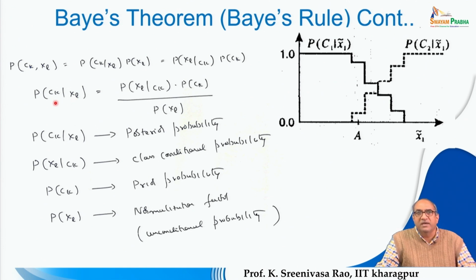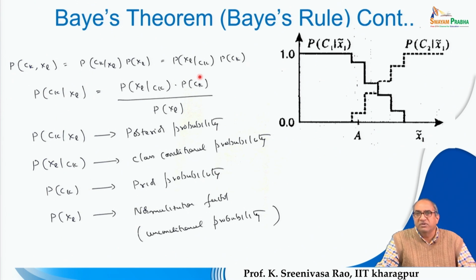So we can say that the posterior probability can be estimated directly using the numerator itself, that means probability of XL given Ck times probability of Ck. It means that for estimation of the posterior probability, we have to estimate the class conditional probability and the prior probability. Both of them we need to estimate. And for estimation of the prior probability, what will we do?